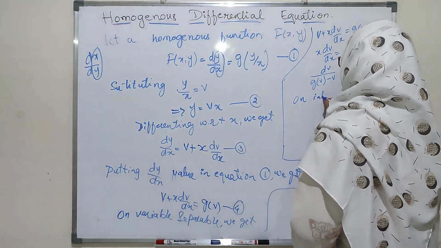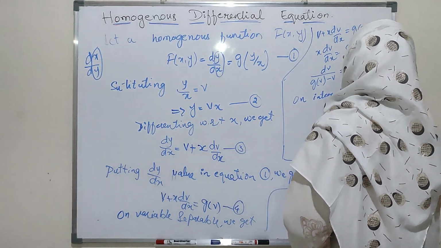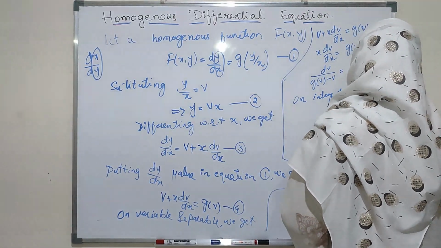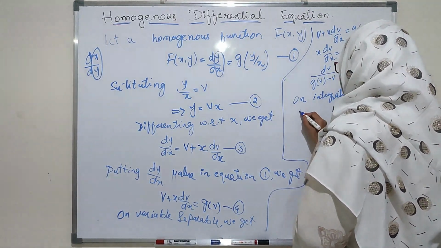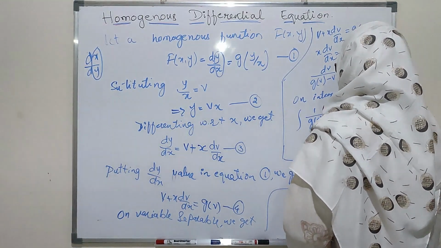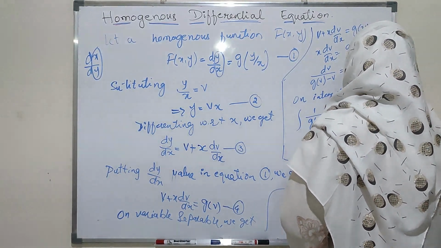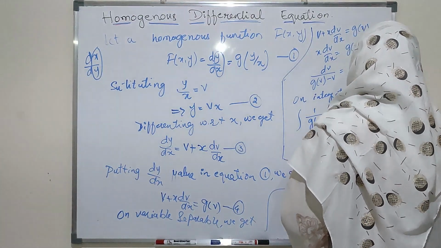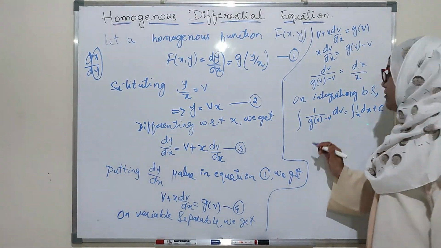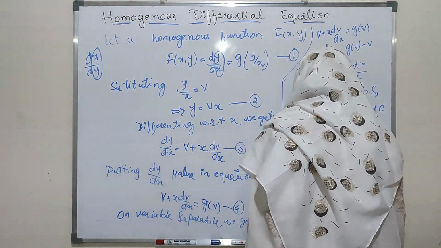Integrating both sides, integration of 1 by g of v minus v dv is equal to integration of 1 by x dx plus c, where c is the constant of integration. So we will get the required result.